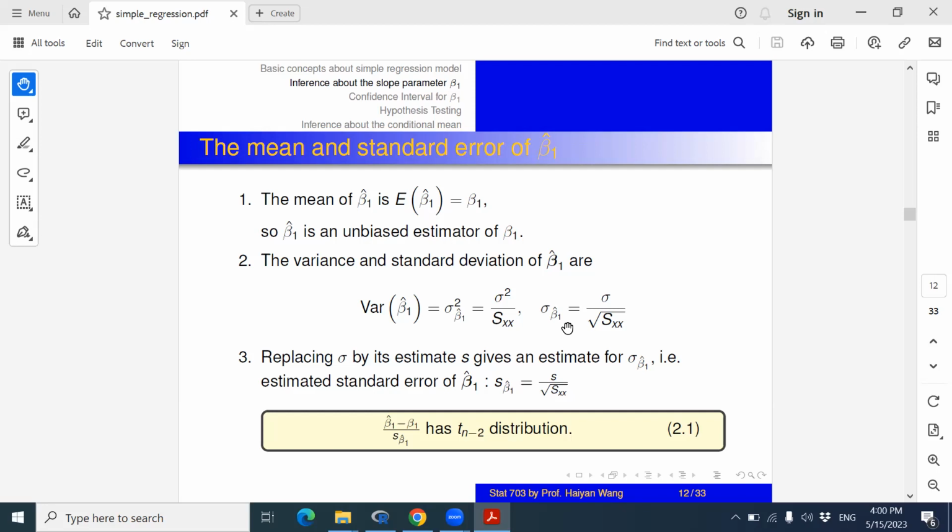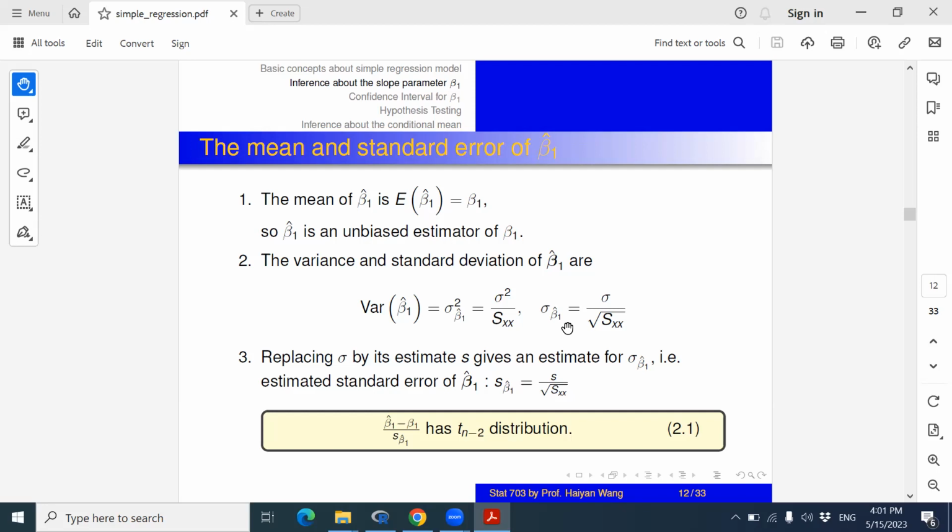And the minimum would be achieved at the value such that beta 1 hat is Sxy divided by Sxx. And the beta 0 hat estimate would simply be the average of y minus the beta 1 estimate times the average of x. And beta 1 hat is also a linear combination of the y's.